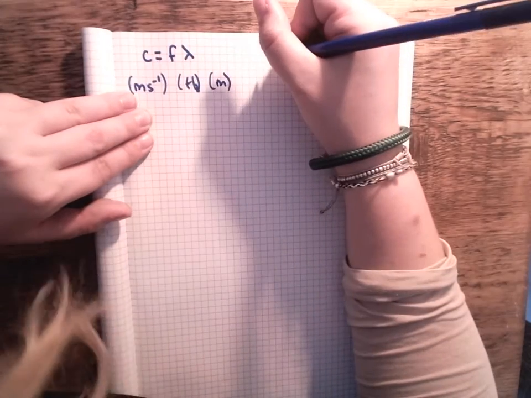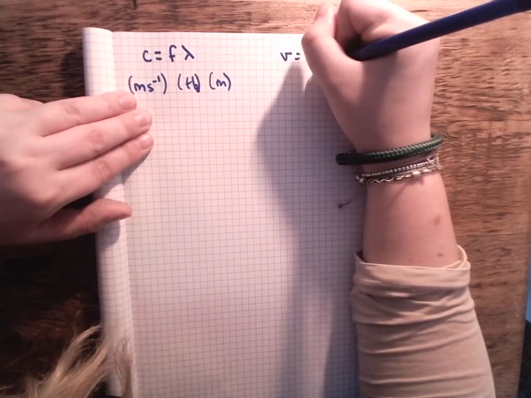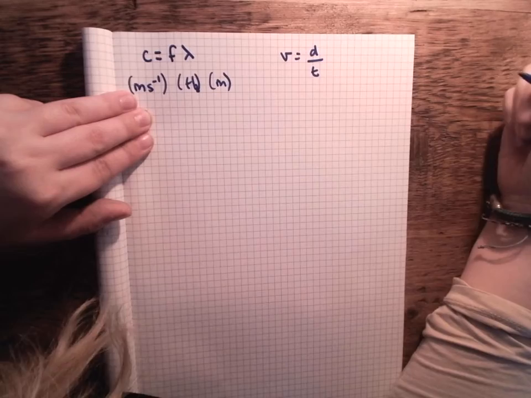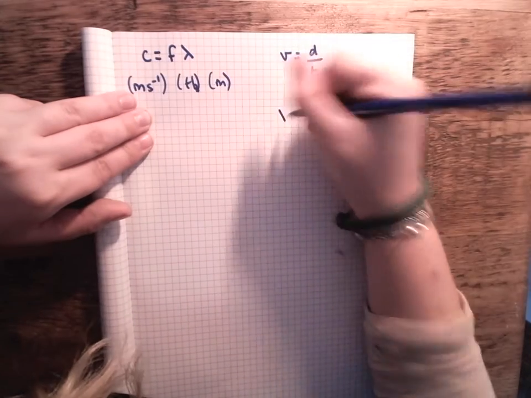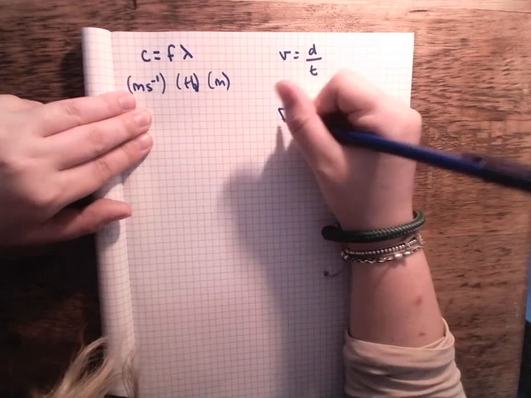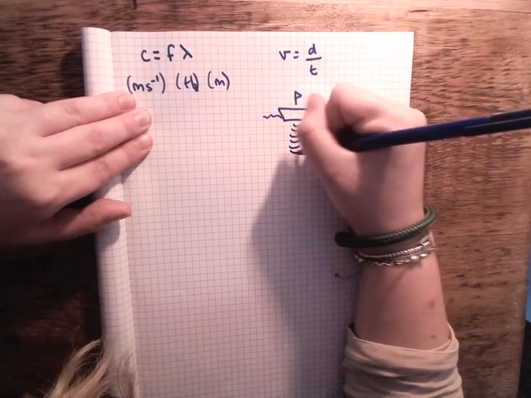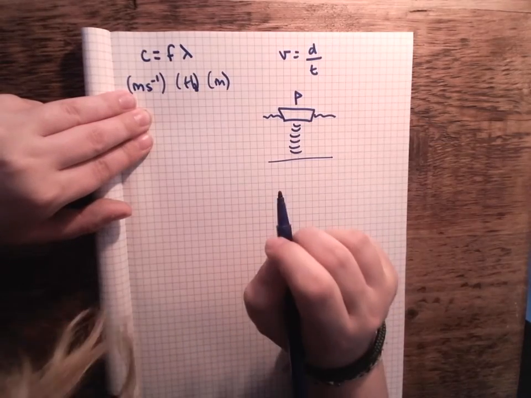The other one to watch out for is we can also use the speed is equal to distance divided by time equation. So sometimes, for example, let's say you have a boat and the boat is giving off an ultrasound that's trying to measure the depth of the sea floor.